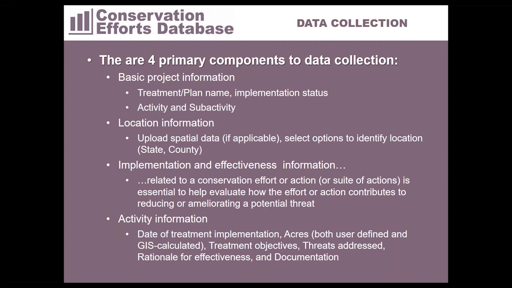And for those of you who are maybe wondering what the difference is, certain agencies use a hierarchy where they'll have a project boundary, a project area, which is relatively large, and then they're conducting a number of various treatments within that project boundary. Again, the Conservation Efforts database is wanting that treatment level information, not the project level.